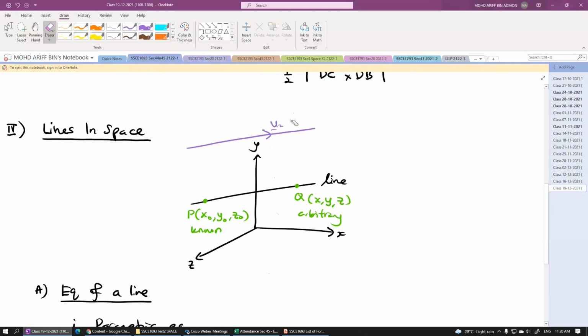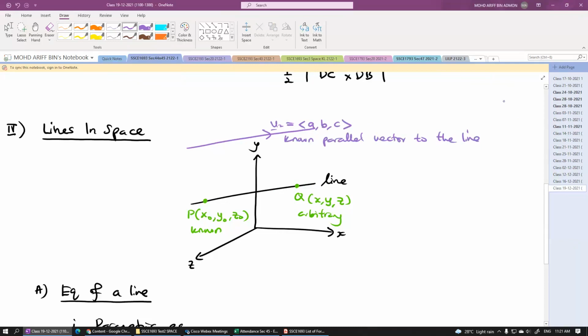So u2 here is equal to our (a, b, c). Remember, this is once again known, a parallel vector to the line.